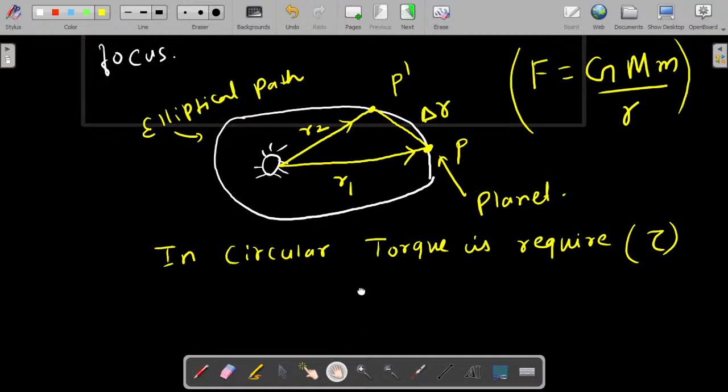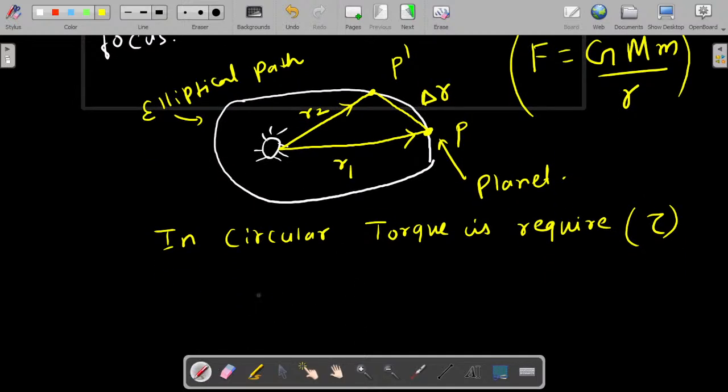So what is the formula for torque? Force direction is where? In this way force is acting, because gravitational force is an attractive force. It always acts between two objects, object number 1 and object number 2, and it is always attractive. That's why the direction of force is toward the sun.